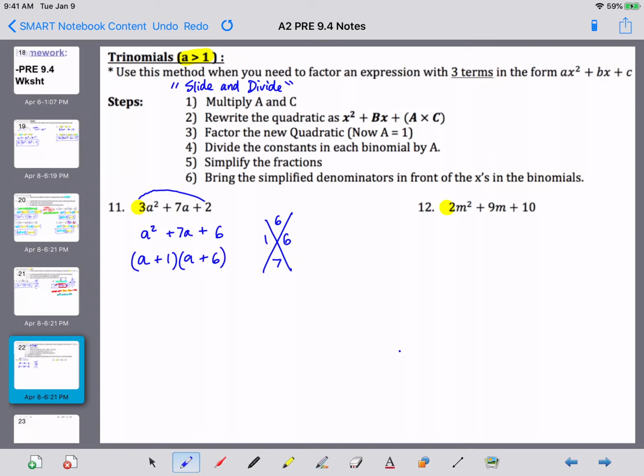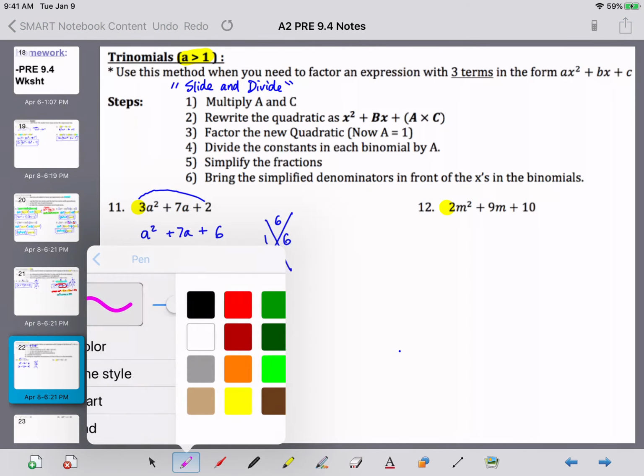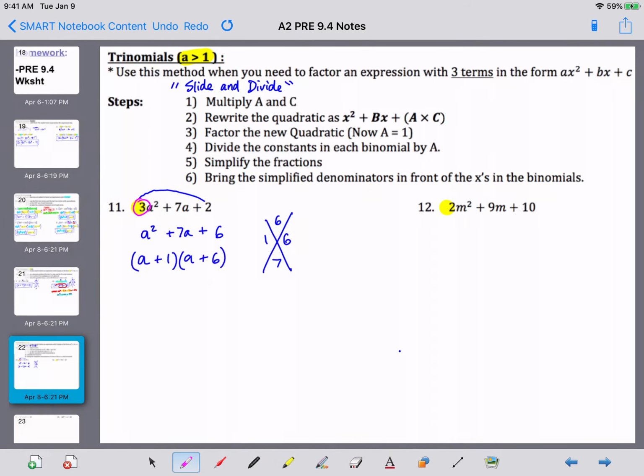Now we've got to get that 3 back in there. So how we can do that is take these constants, this is step 4, and divide the constants by a. So we have to divide the 1 by 3 and divide this 6 by 3. 1 is not divisible by 3, so we bring that 3 up to the front there.